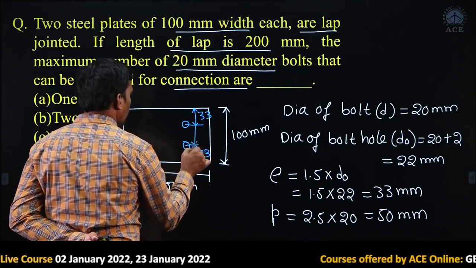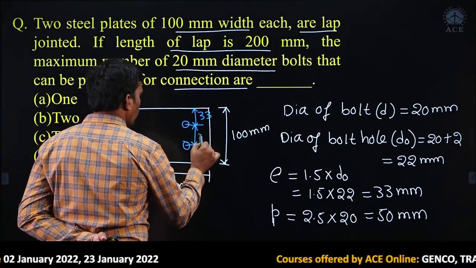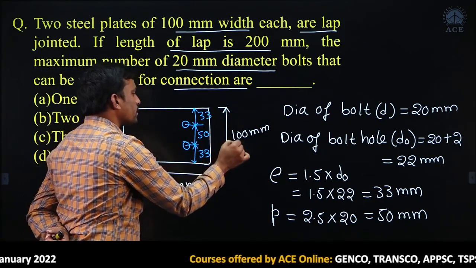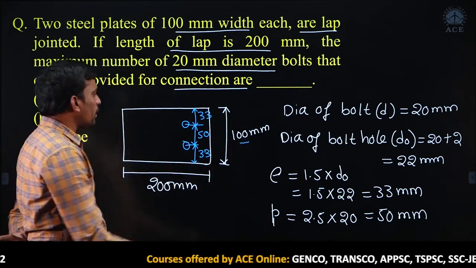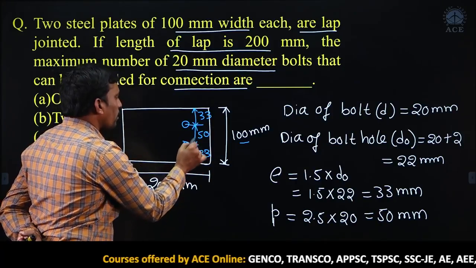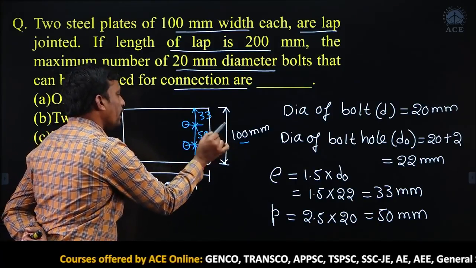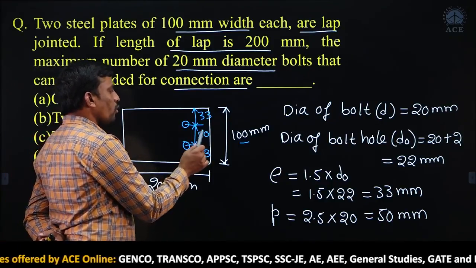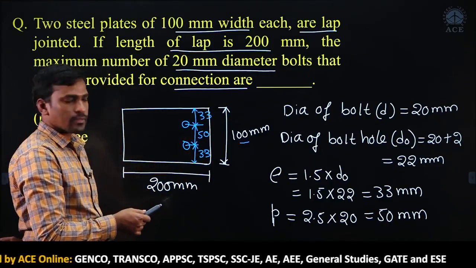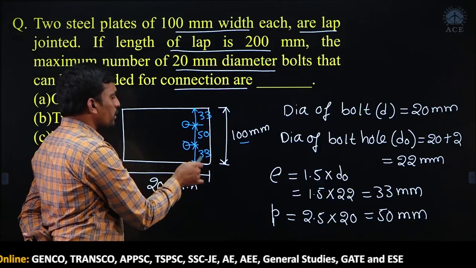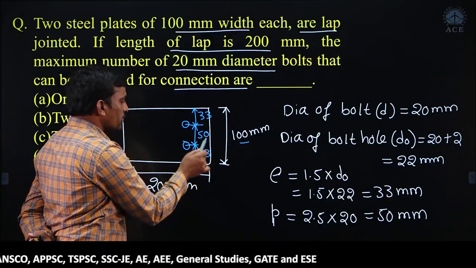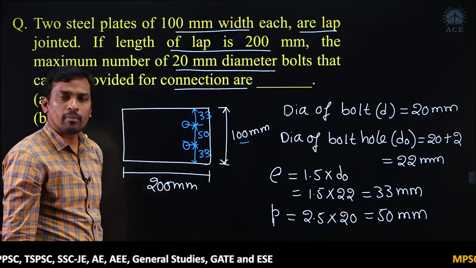Then what is the pitch we got? 50 mm. But the maximum width is 100 mm only, right? Now tell me, if you add this, are you getting more than 100 or less than 100? Check it please. So this is getting more than 100, right? 50 plus 33 plus 33. So this width is more than 100 mm.